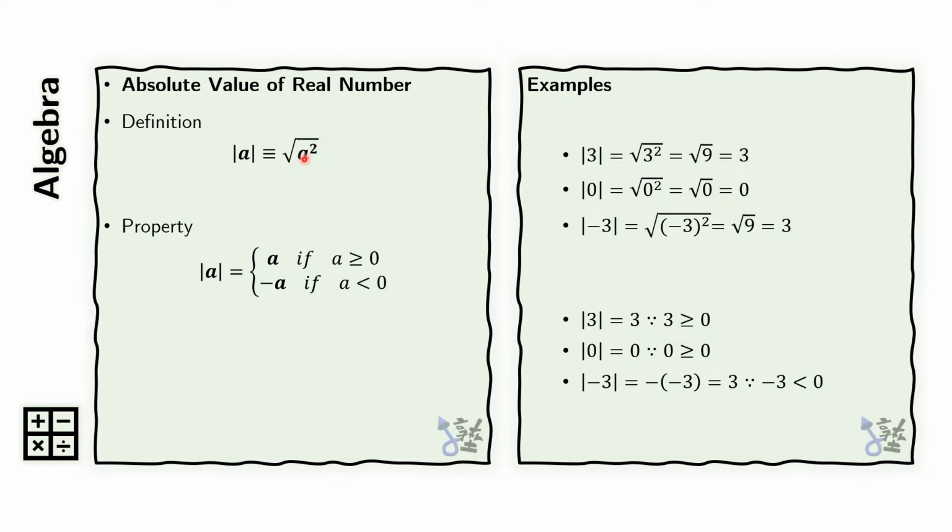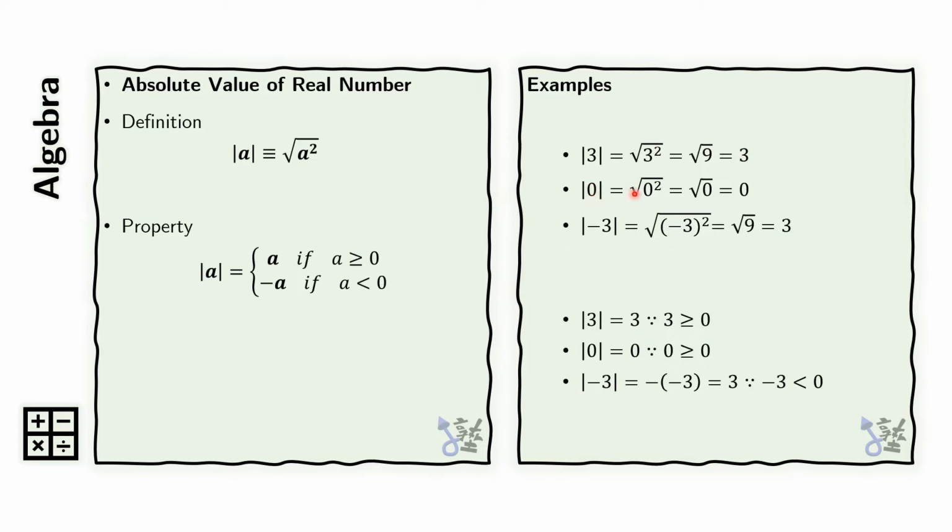For example, if we want to get the absolute value of a equals 3, then we first need to square 3. So 3 squared is 9, and we get the square root of that. The square root of 9 is 3, so the absolute value of 3 is simply 3. The same is true for when a equals 0.